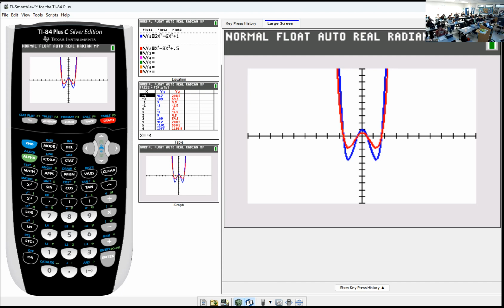This is a stretch of 3 horizontally. So I need to take each of my x terms and substitute 1/3 x. So what's that going to look like?